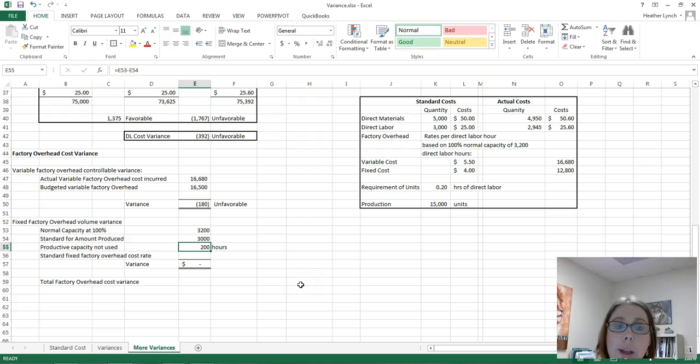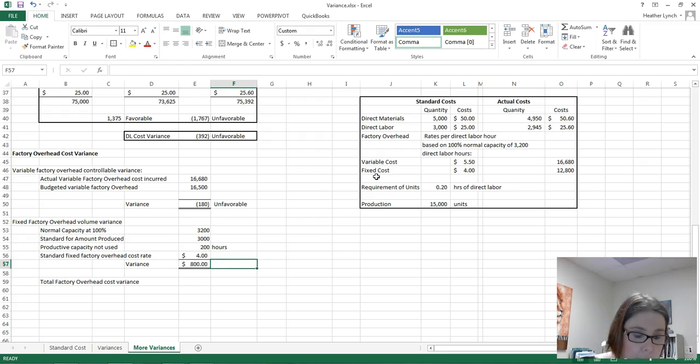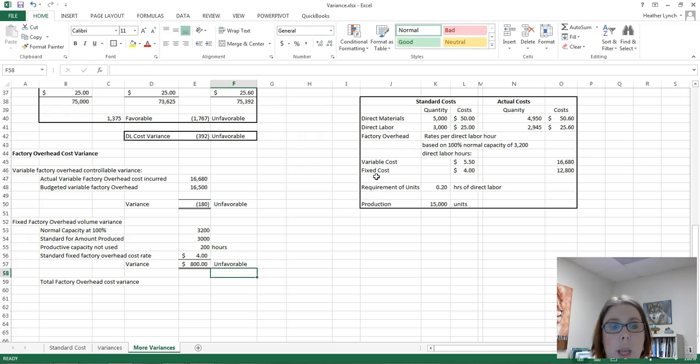So we kind of lost 200 hours that could have been used to create material. Our fixed cost is $4 per hour, so that gave us an unfavorable 800.